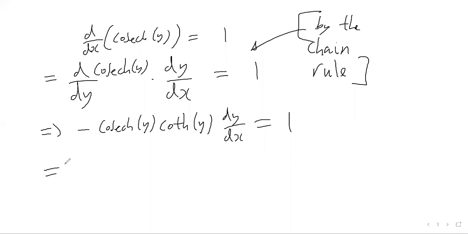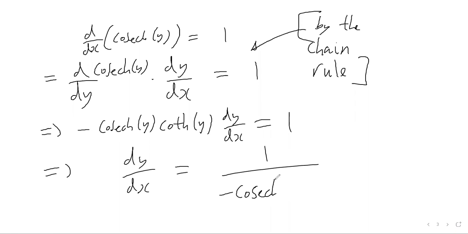If you do that, you will get dy by dx equals 1 over the negative cosech of y times the coth of y. I'm just going to move this negative up to the top there, so let me just rub that out and put the negative sign up there, because that's exactly the same thing. Great, so we've got this then.